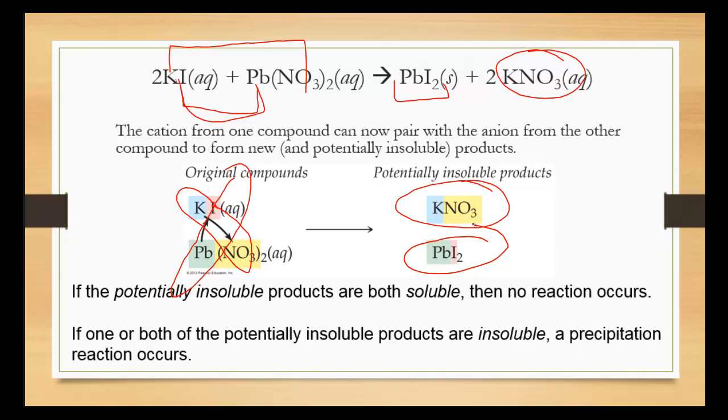Notice another thing, that there's no number down here next to the iodine on the left hand side, yet there is here on the right hand side on the products. That's because lead is a +2. Don't forget that these subscripts, unless it's a polyatomic ion like NO3, these subscripts come from the charges when you crisscross.